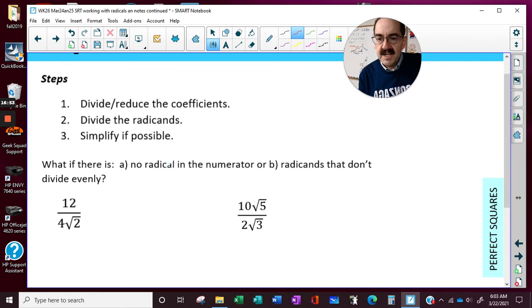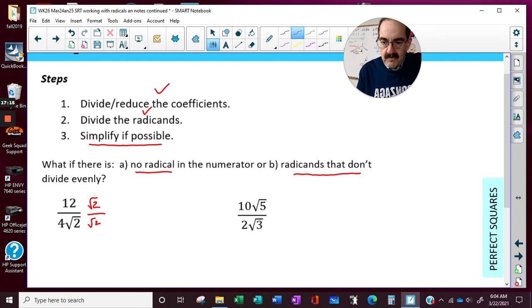But the key to success is reduce the coefficients. 12 over 4 is easy. Divide the radicands. That's easy. But we need to simplify if possible. No radicals left in the basement. Okay? So, this is going to be what we do. We multiply the square root of 2 over 2.